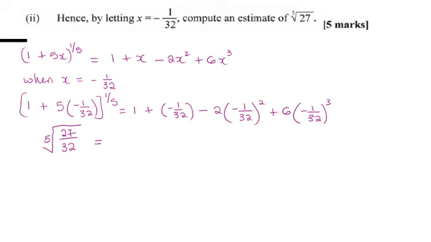So that's 1 minus 1 over 32, minus 2 times (negative 1 over 32) squared, plus 6 times (negative 1 over 32) cubed.